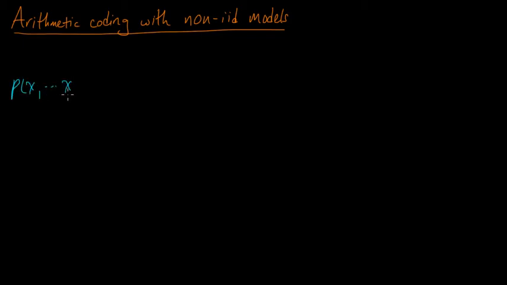Up to now, we've been assuming the following probabilistic model on sequences. For a sequence x1 up to xk terminated by 0, the probability of that, which we called p star circle, was just the product of the probabilities of the individual source symbols in that sequence: p(x1) times p(x2) times p(x3) up to p(xk), and then p(0) for the end of file symbol.